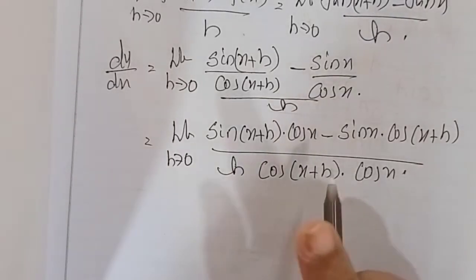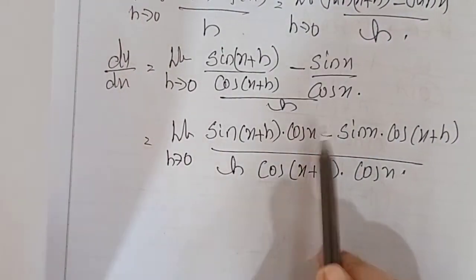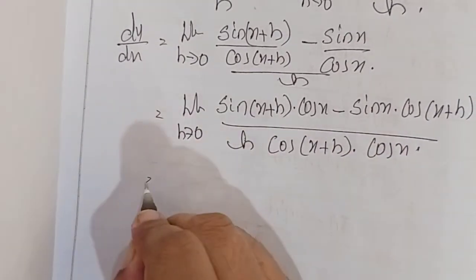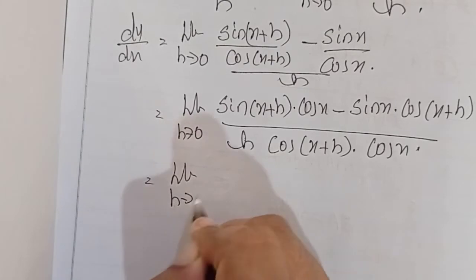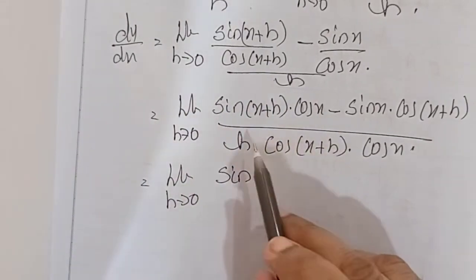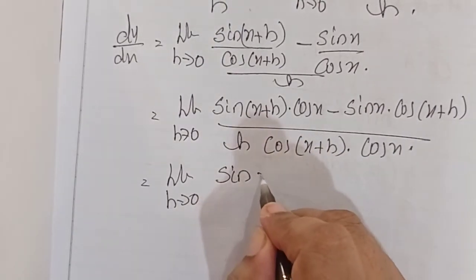Then look at the numerator. Can you say what is sin A cos B minus cos A sin B? Sin A cos B minus cos A sin B. That is equal to limit h tends to 0. Sin A cos B plus cos A sin B is sin (A plus B), isn't it?